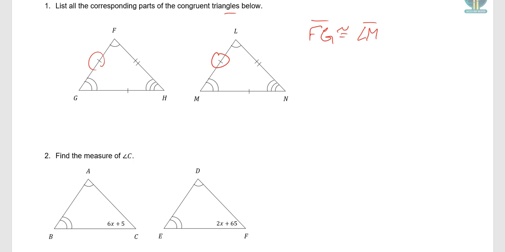Okay, and then segment GH is congruent to segment MN. You may want to have a double dash here and a triple dash here, because these do not look like they're isosceles. So just to distinguish them, right? And then segment FH is congruent to segment LN.